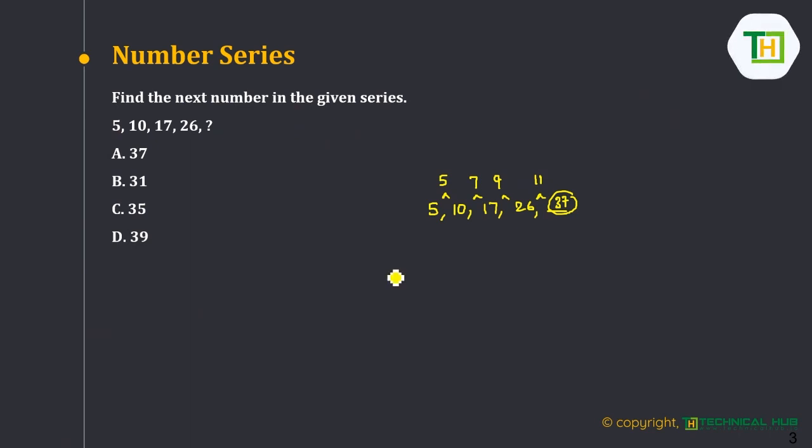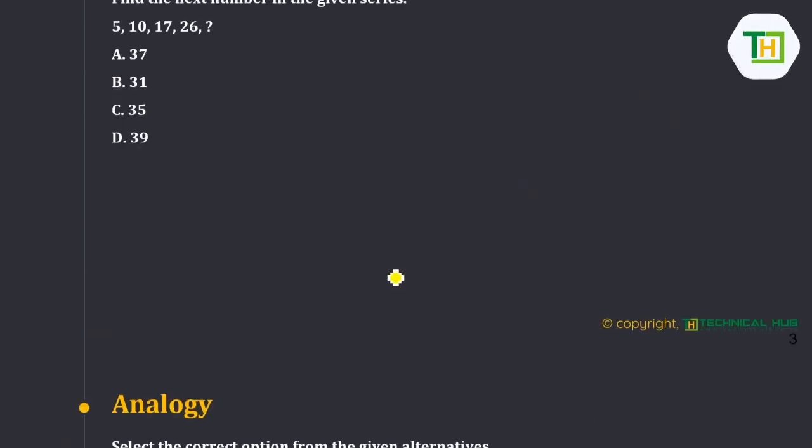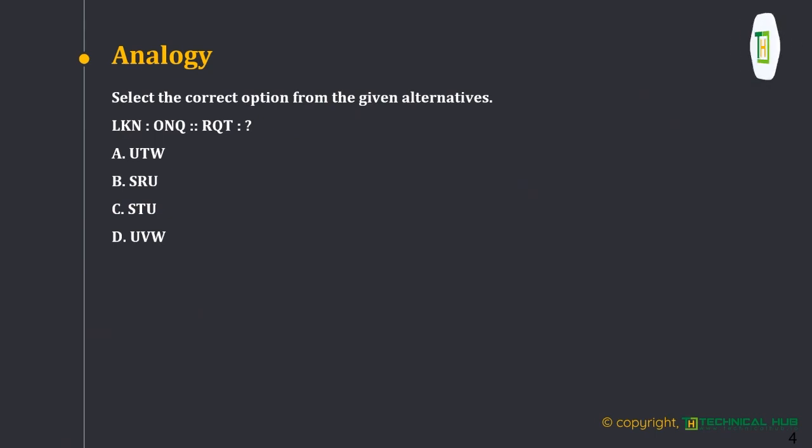That is 37. So let's move on to the third one, which is analogy. First of all, take these two and identify the logic between them, how they are related to each other. That is LKN, which is given as ONQ.